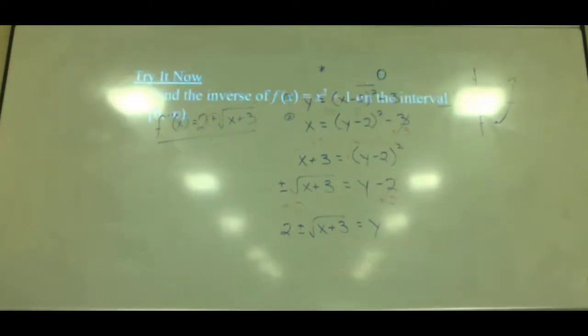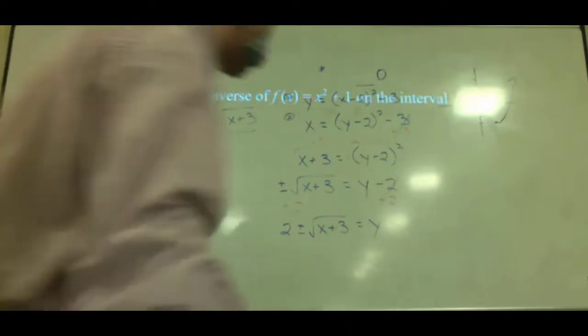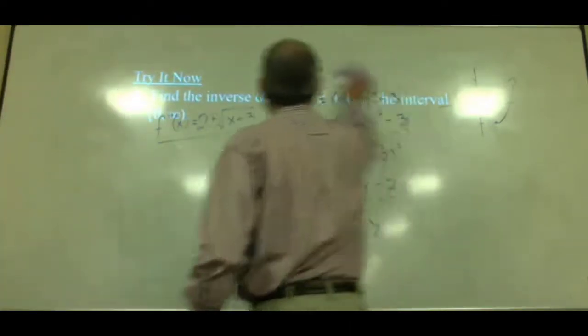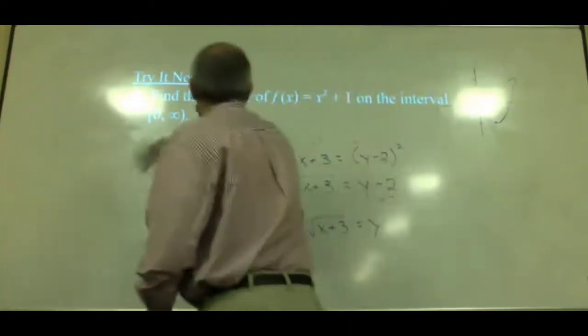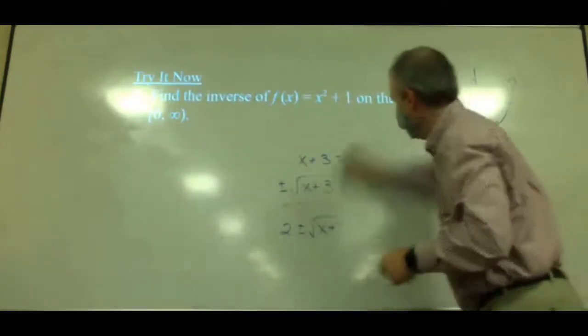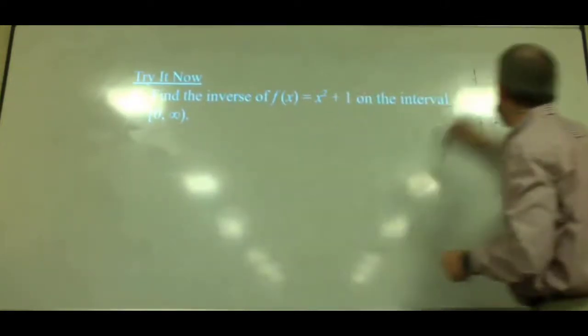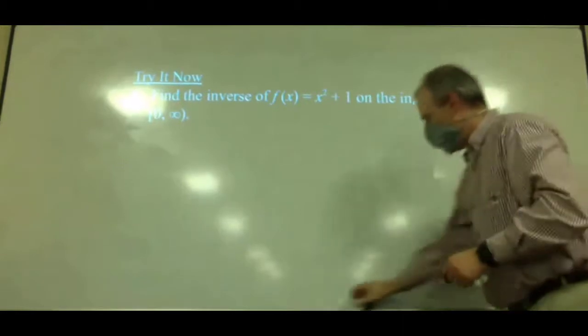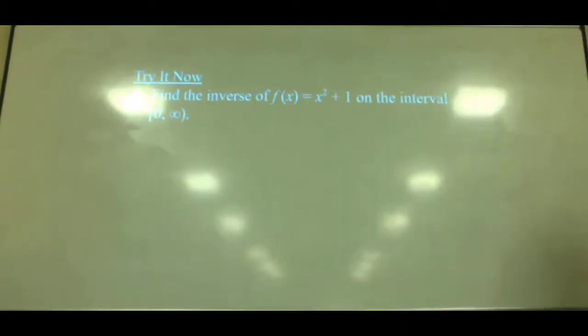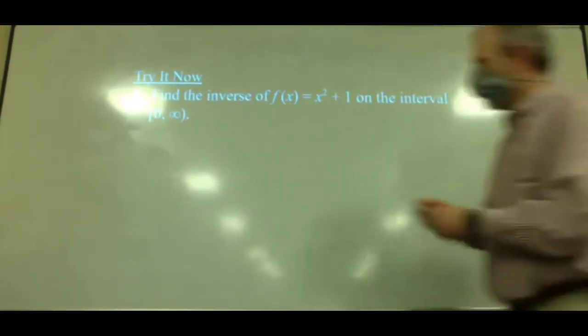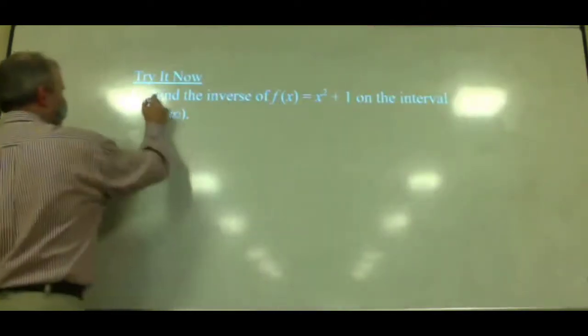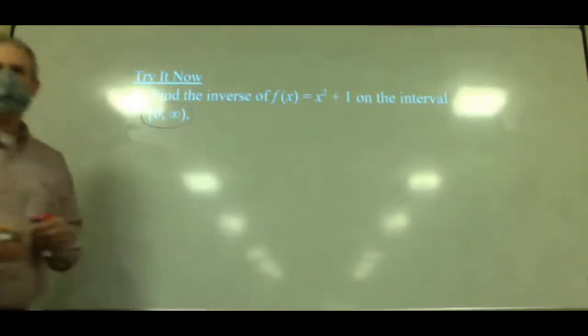Okay, let's do another one. Again, this is what I'm talking about as far as where we cheat a little bit. Notice again, this is a parabola that got moved up 1. But notice what we're going to do. We're only going to consider the positive x values.